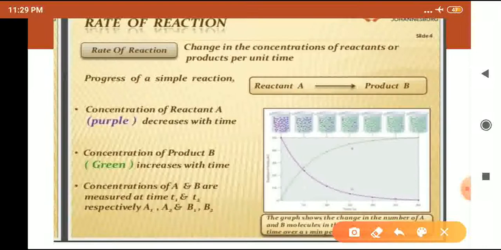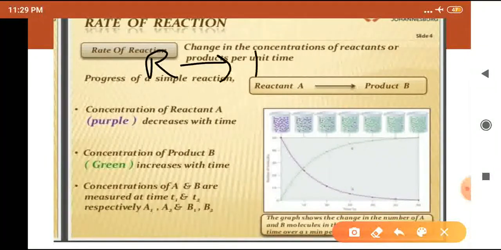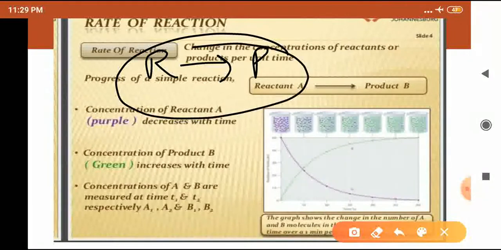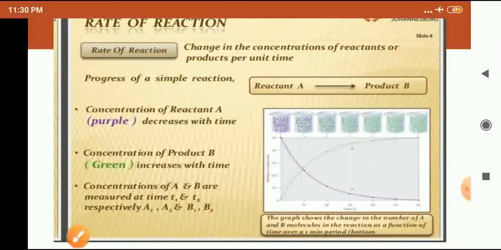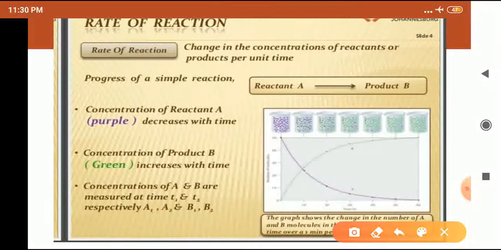Rate of the reaction is the speed with which reactants are converted into products. Rate of the reaction can be defined as change in concentration of any one of the reactants or products per unit time. We can express rate of the reaction in terms of reactants and in terms of products.